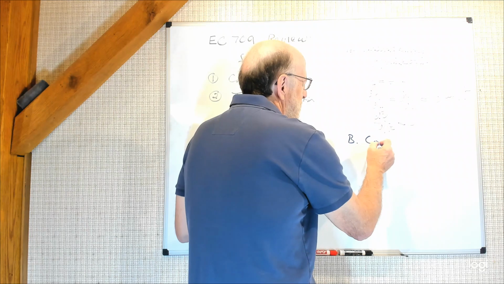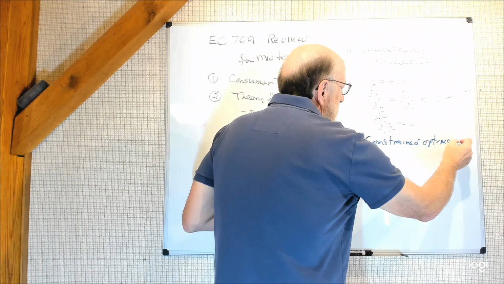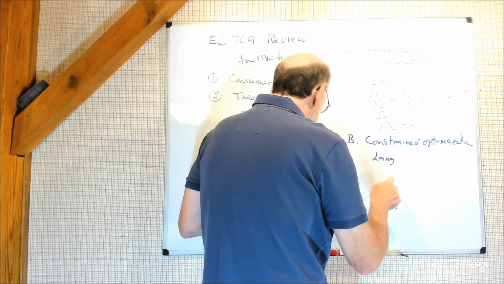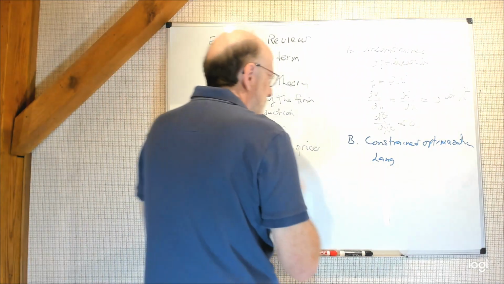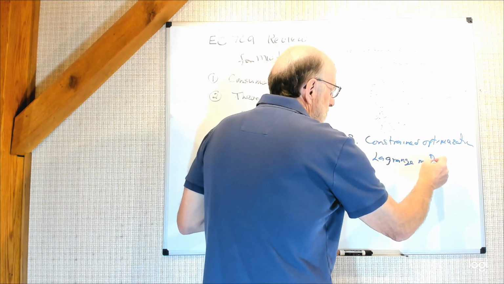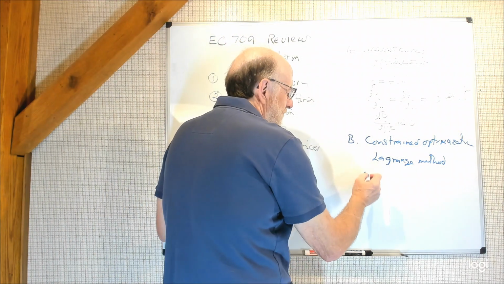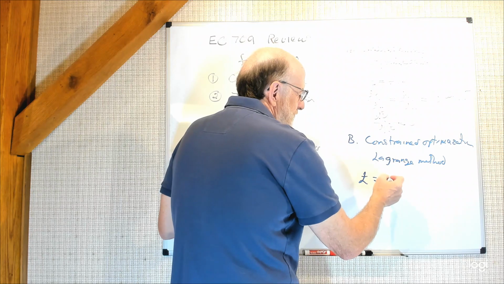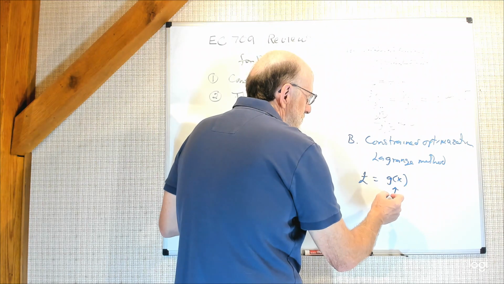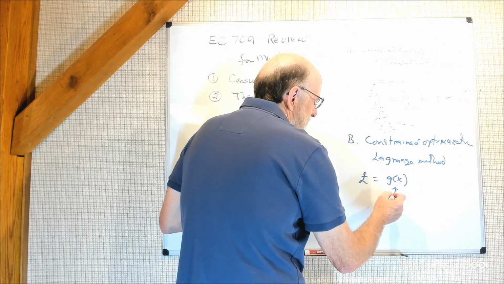We've also looked at constrained optimization. The Lagrange method, which looks like this. You create a Lagrange function, and there is a function, say, g of x, which is the objective function.